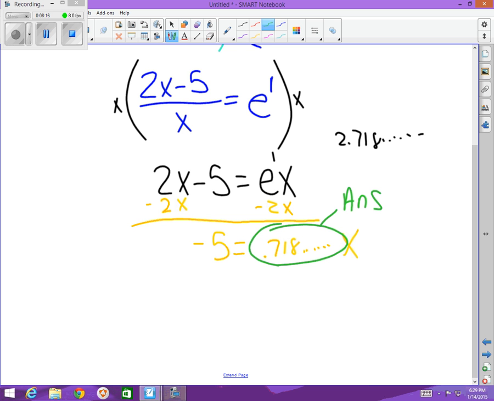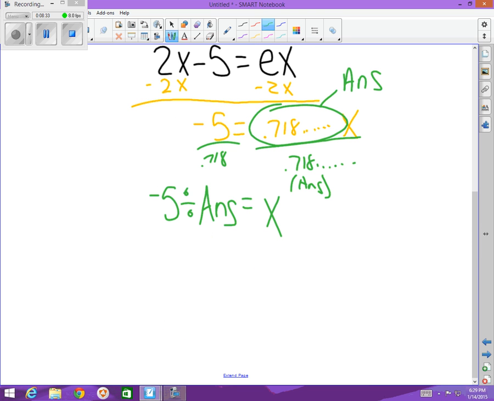All right, so now we have to divide by 0.718 and stuff, which would use ANS. And then we divide by 0.718 also, and so then you get x equals a negative 5 divided by, and then you would use the ANS button, and you would get your answer.